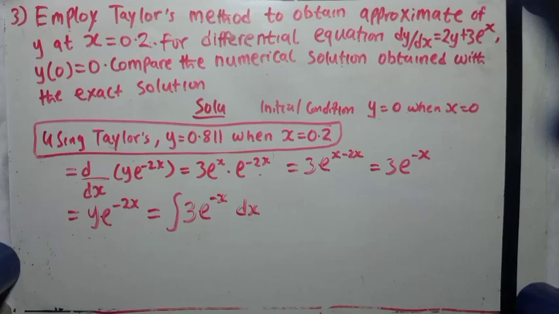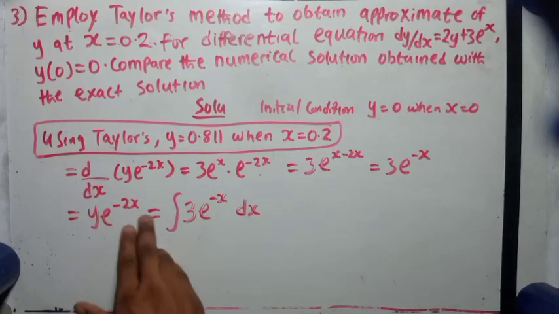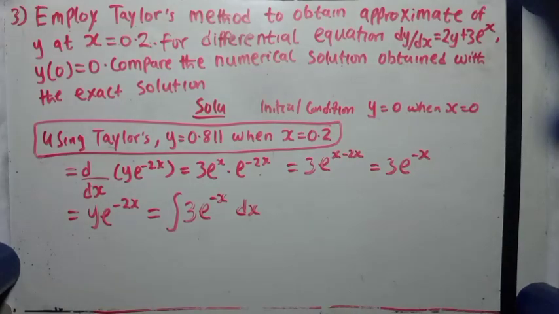So we're trying to integrate this. Our aim of doing the whole thing is to make y the subject of the formula. If you notice, our y is now on its own, separate from our x. So we can simply integrate this, then divide both sides by exponential raised to power minus 2x to get the value of y.